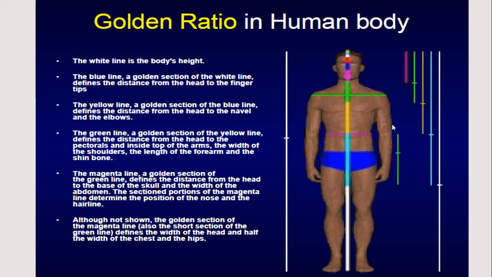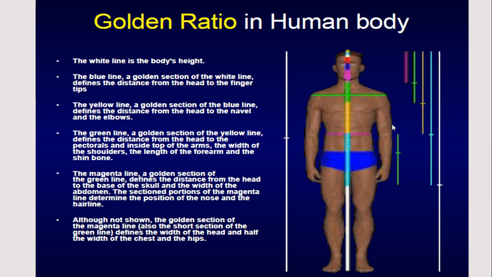While the magenta line, a golden section of the green line, defines the distance from the head to the base of the skull and the width of the abdomen. The section portions of the magenta line determine the position of the nose and the hairline.